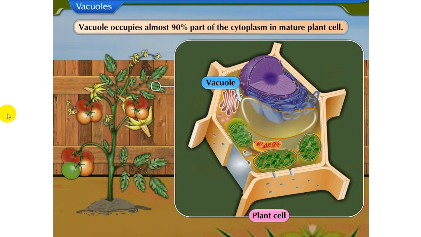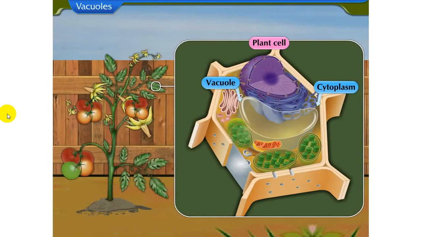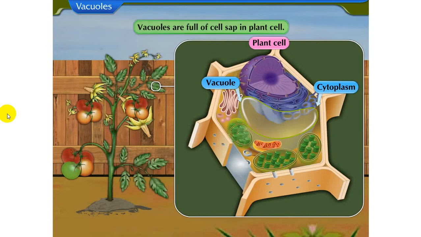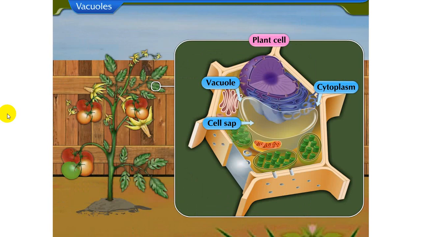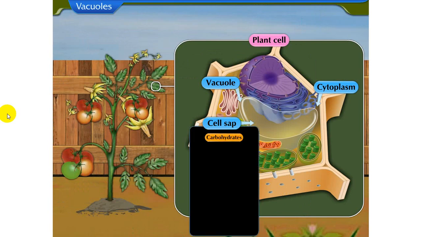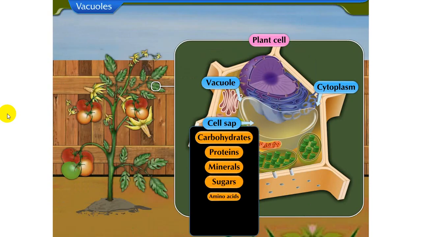Vacuole occupies almost 90% of the cytoplasm in a mature plant cell. In plant cells, vacuoles are full of cell sap. They provide turgidity and rigidity to them. It contains a variety of substances including carbohydrates, proteins, minerals, sugars, amino acids, pigments, and organic acids.